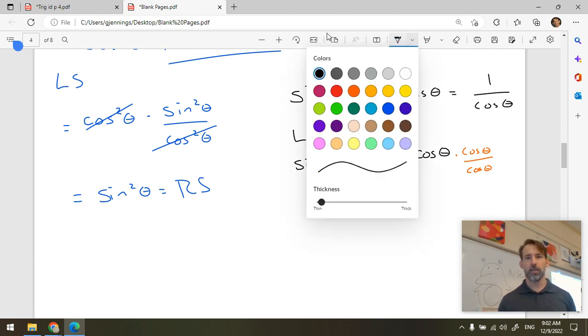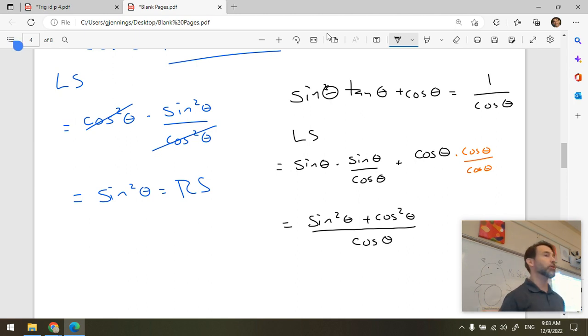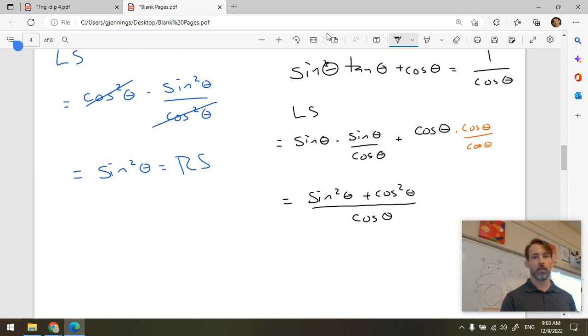So let's go, next line. The left side equals sine squared theta, that's sine theta times sine theta, plus cosine squared theta, all over cosine theta. Okay, but sine squared theta plus cosine squared theta is 1. So it's 1 over cosine theta. It is the right side. Done.